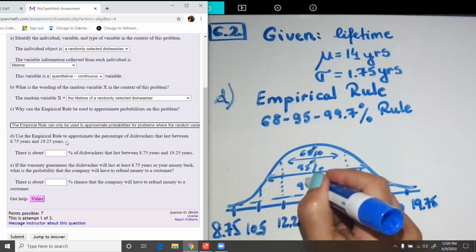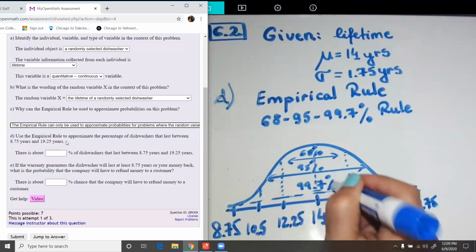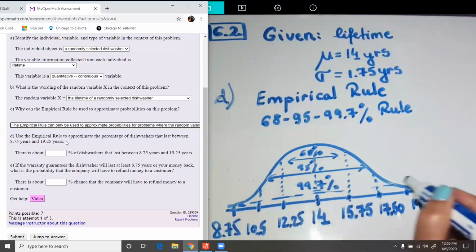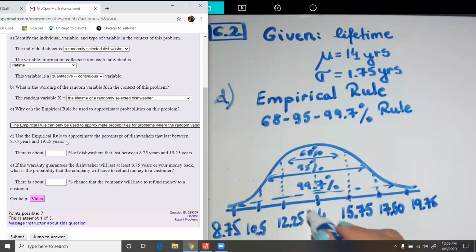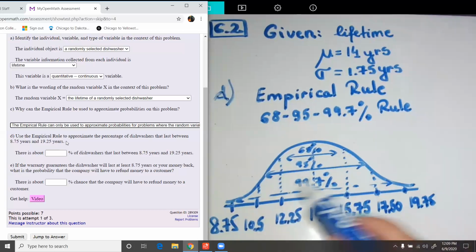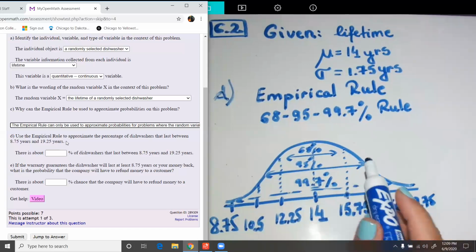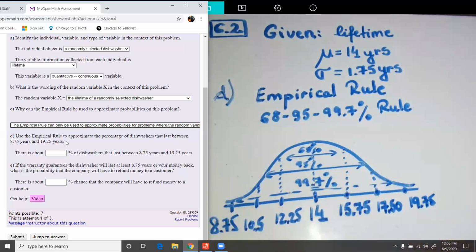That's 99.7%. It's very, very close to 100. Okay. So how do we apply the empirical rule to answer this question? Well, they ask us specifically, what is the percentage of dishwashers that last between 8.75 and 19.25?